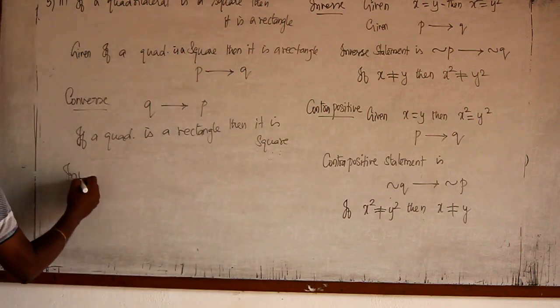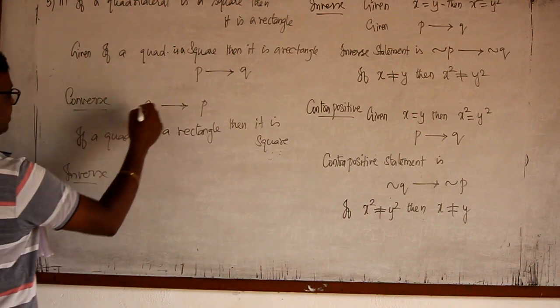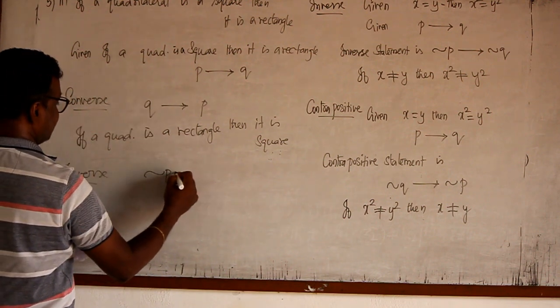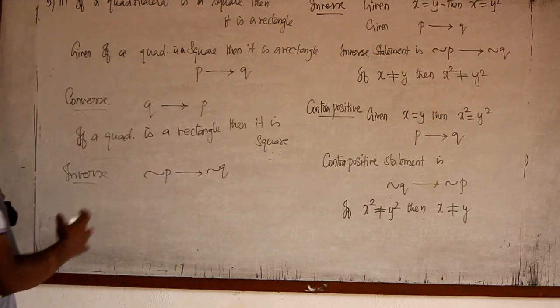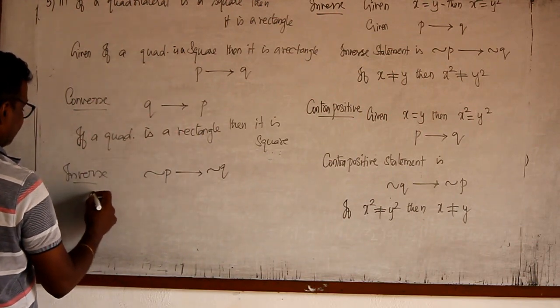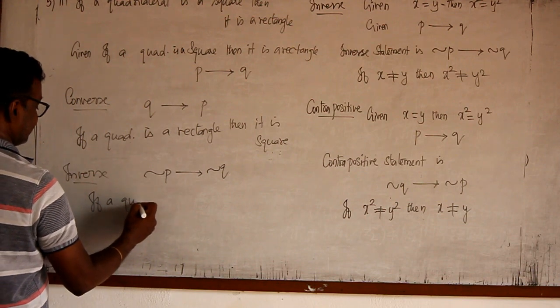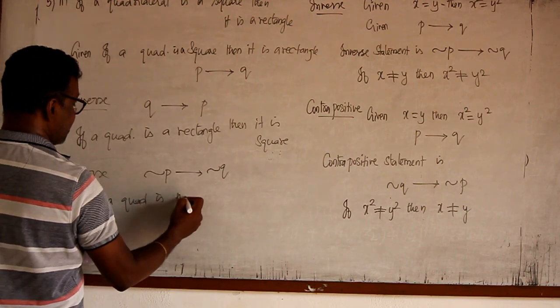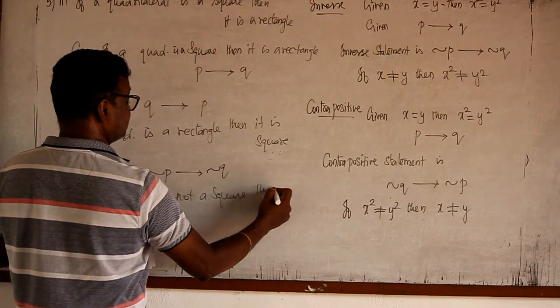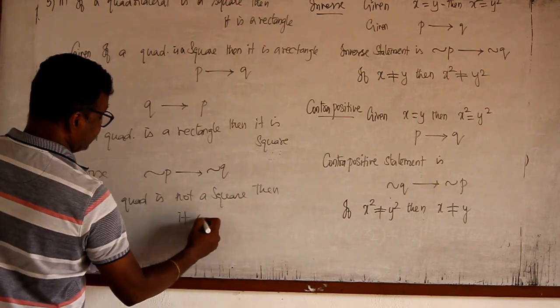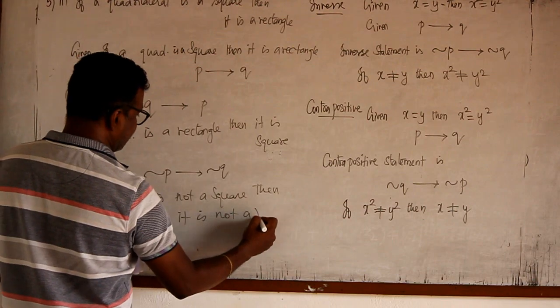Now the inverse, straightly: negation of P implies negation of Q. I should not change the order, I just have to change into negative. That is, if a quadrilateral is not a square, then it is not a rectangle. That's all.